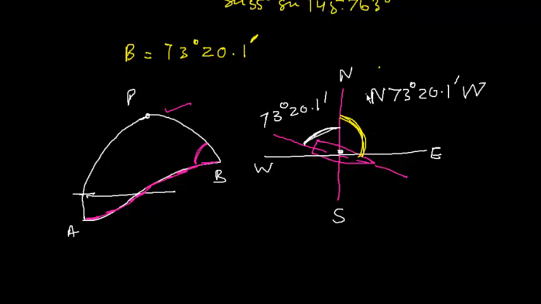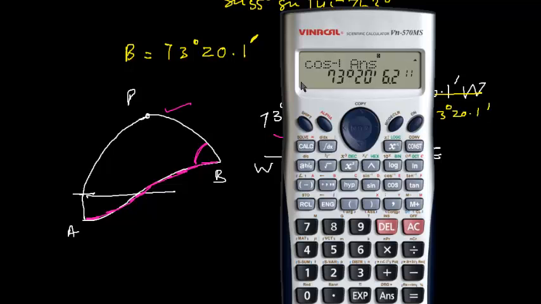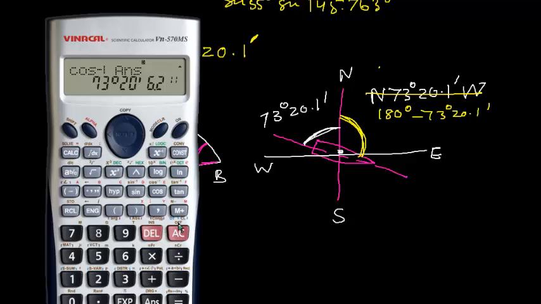So this course will be, I need to subtract from 180 degrees, so this is wrong. So it is going to be 180 degrees minus 73 degrees 20.1 minutes. So simply 180 degrees minus 73 degrees and 20.1 minutes.